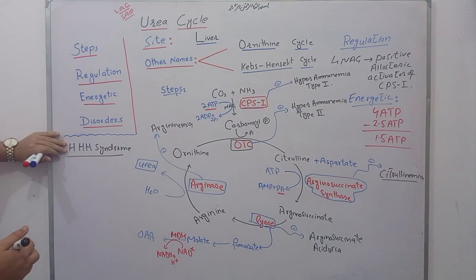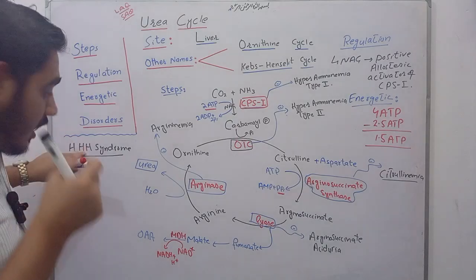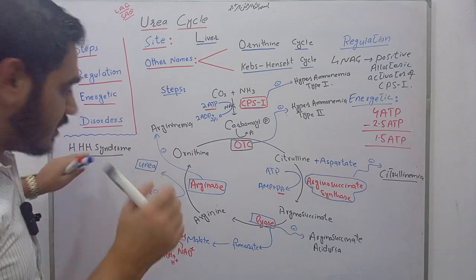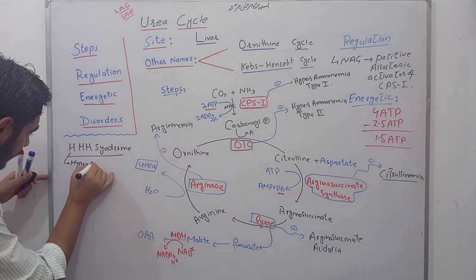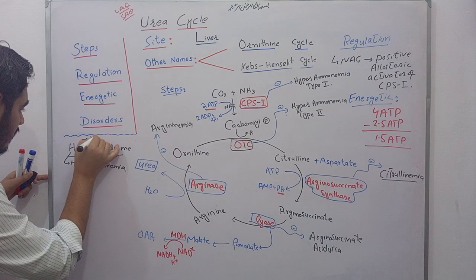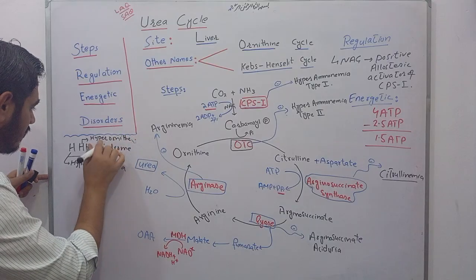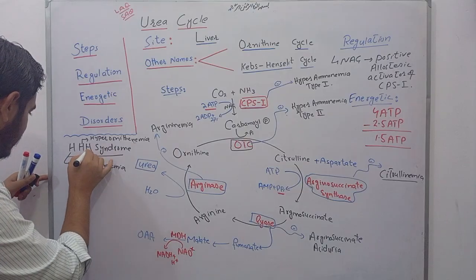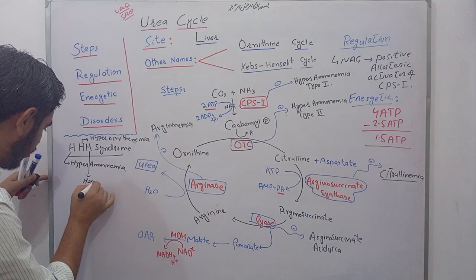This H means hyperammonemia, this H means hyperornithinemia, and this H means homocitrullinuria.